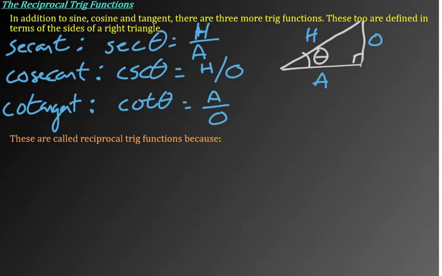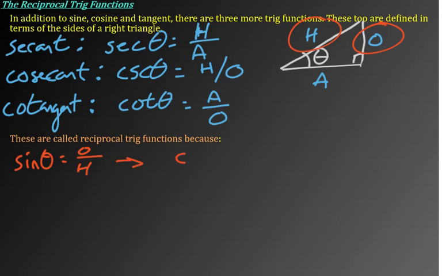And instead of really remembering all of this, to be honest, they're reciprocal trig functions, and they're easy to remember if you realize the connection between the ratio of these sides and something we already know. Take sine of theta. Sine is opposite over hypotenuse, which is basically the flip of that, okay?